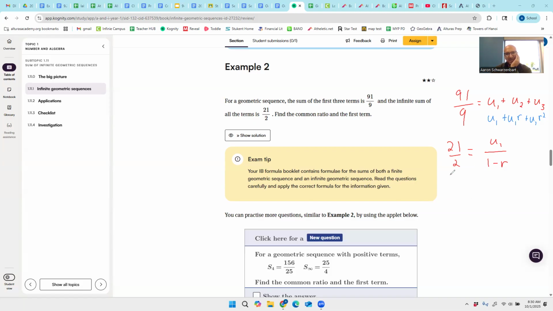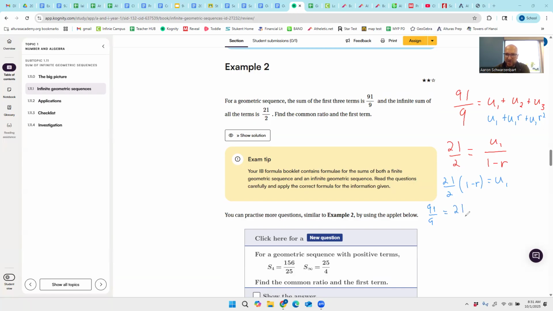So I'm going to take this one. I'm just multiplying it, so I'm solving for U1. And now I'm going to plug that into the other one, for all the U's.